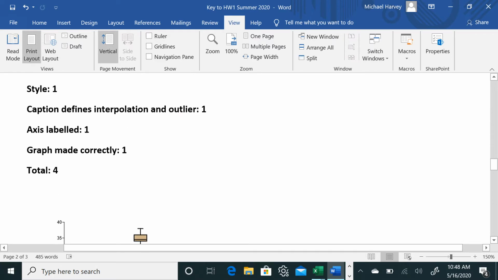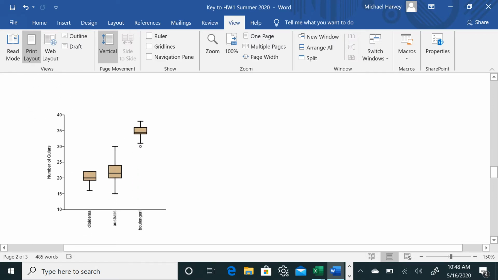Now, on the box plot, you have a couple of extra things that you have to define. You have to define what that symbol is, and then we have to tell people how these percentiles were calculated, because there's multiple ways of doing it. On both of these, there should be no frame. That was like another stylistic thing. You want to have a label for the axis, number of Goulers.